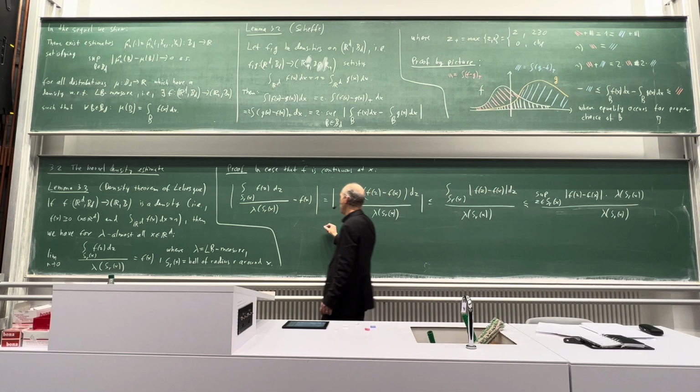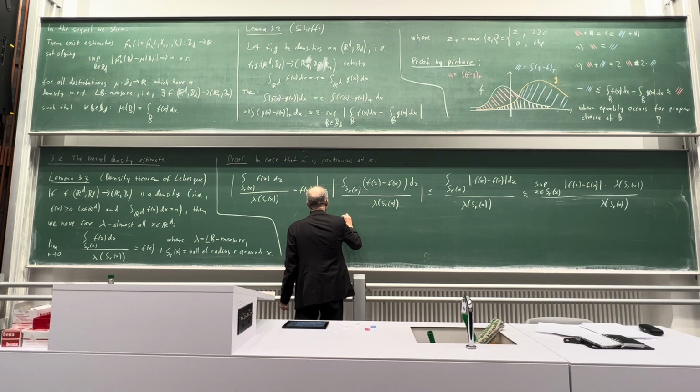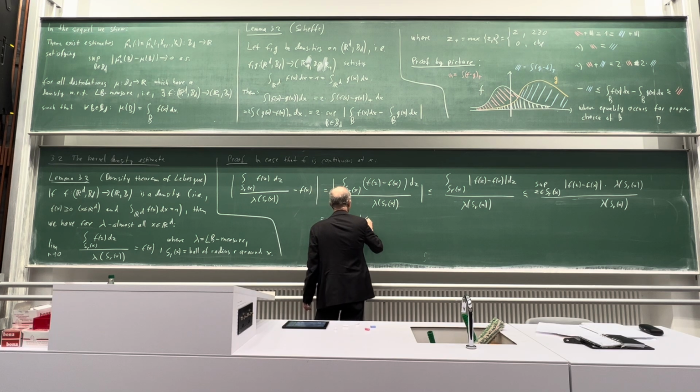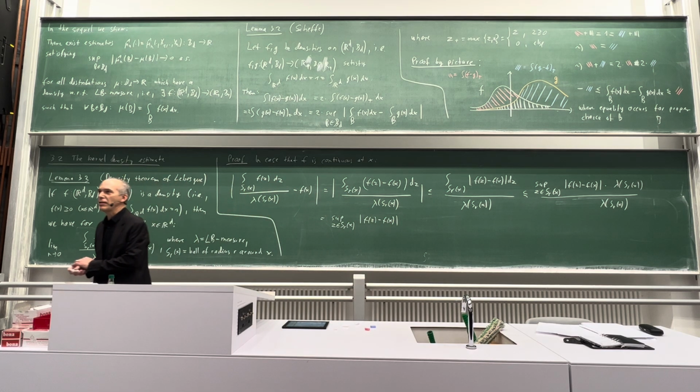You see this is equal to the supremum of |f(z) minus f(x)|. And you see if r goes to 0, then by continuity of f at the point x, this goes to 0.